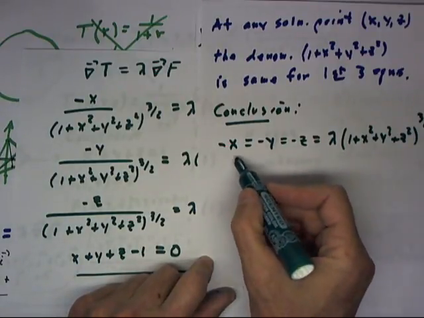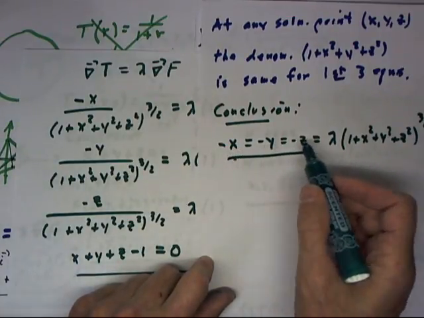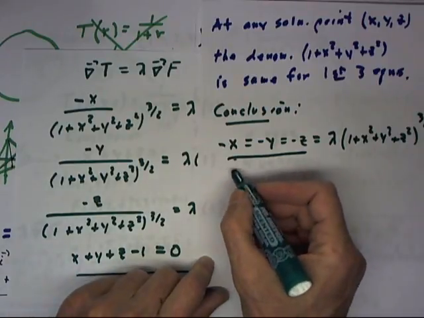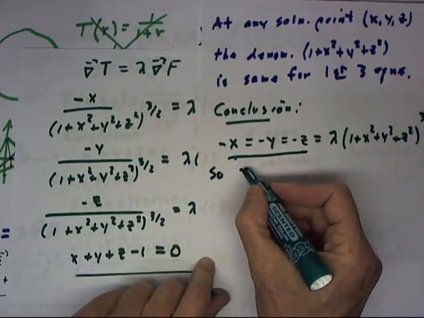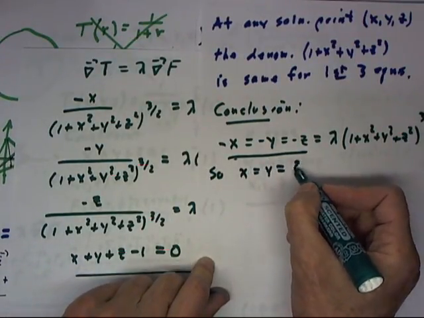The key is that negative x equals negative y equals negative z, so x equals y equals z.